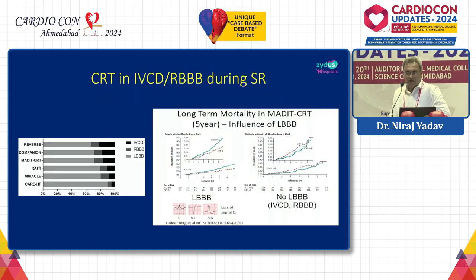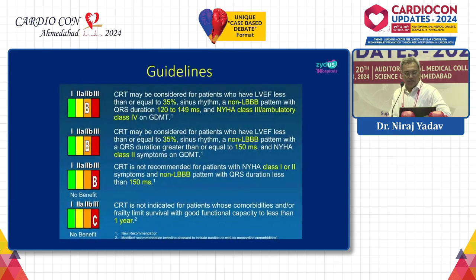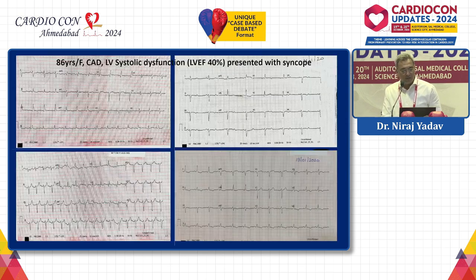In RBBB, you know that there is no LV delay, and these are the multiple CRT trials where they have seen that only patients who have LBBB benefit, and not the patients who have right bundle branch block or IVCD. That is why the guidelines say CRT is not recommended for patients with NYHA class 1 or 2 symptoms and a non-LBBB pattern with QRS duration less than 150 milliseconds. Remember, here we had 130 milliseconds of QRS.